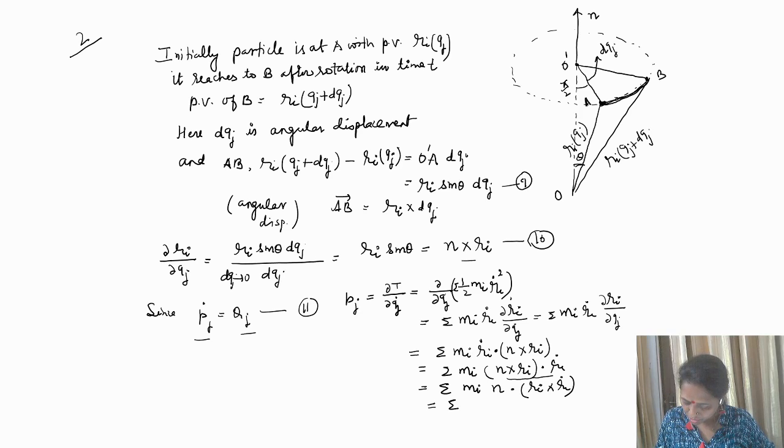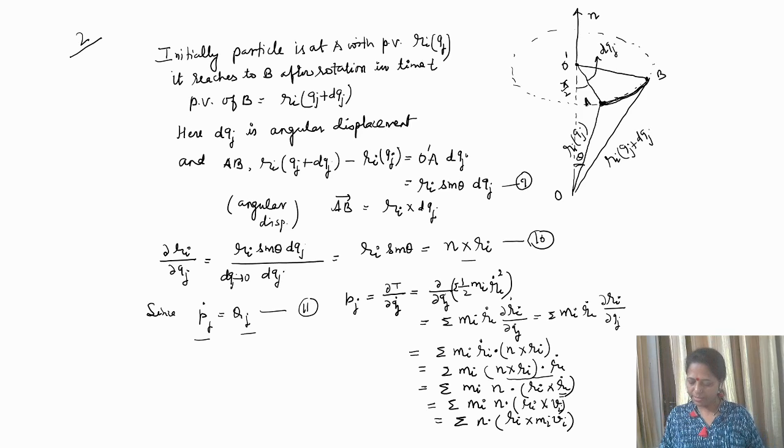So summation mi n dot, this is Ri cross, this is V. Now you see what is this Ri cross V? If I write summation n dot Ri cross mi Vi, this is Vi.